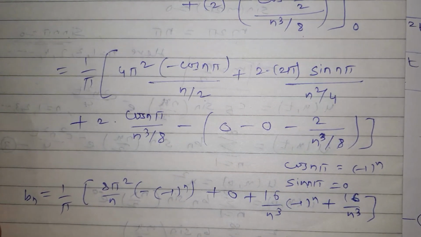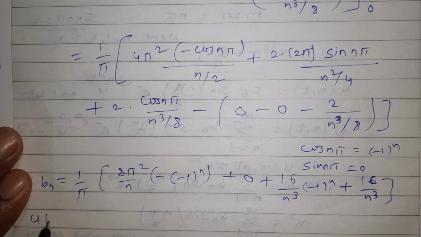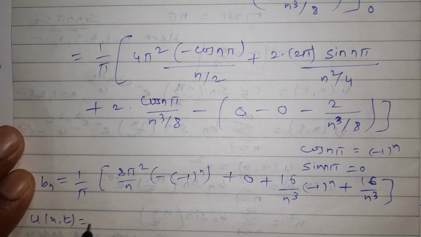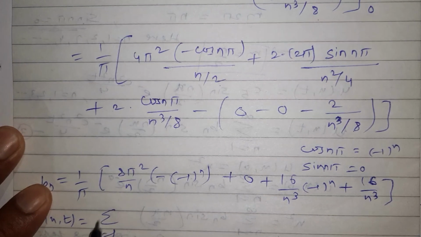So this is our final answer. Therefore, u of x,t is equal to summation n equal to 1 to infinity.